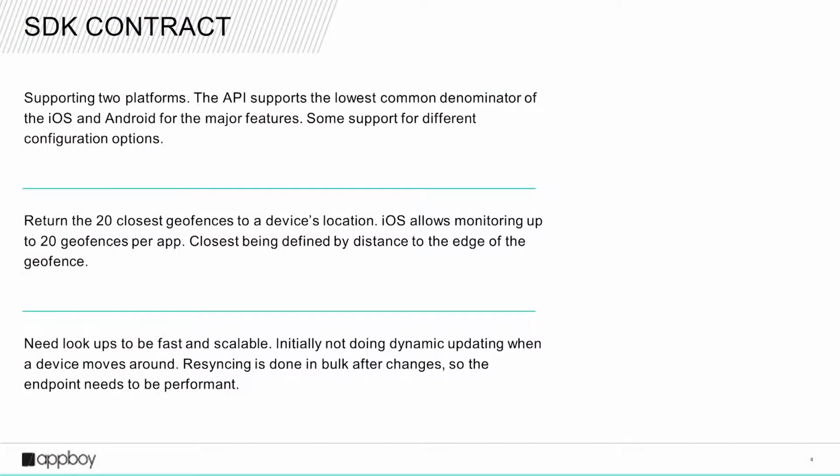Like I said, we're trying to support Android and iOS. So our SDK contract was kind of the first thing we worked out. We wanted to support basically the lowest common denominator of iOS and Android for all the major features. There are some different configuration options.